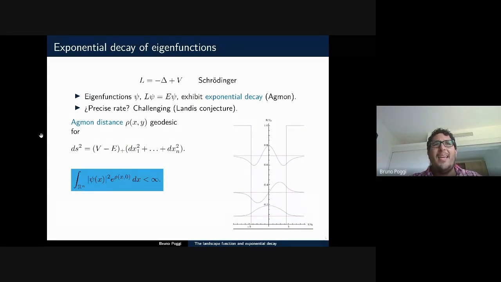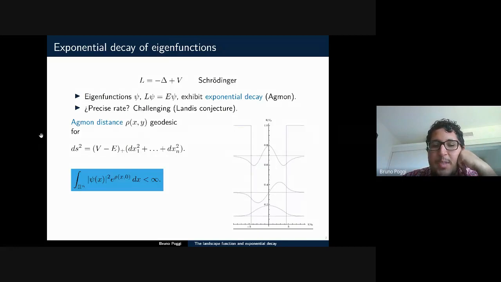A critical result in this direction was the exponential decay result of Agmon, where he gave a new argument that allowed him to prove exponential decay of eigenfunctions for very general potentials. Here in blue is the sort of decay that Agmon obtains.